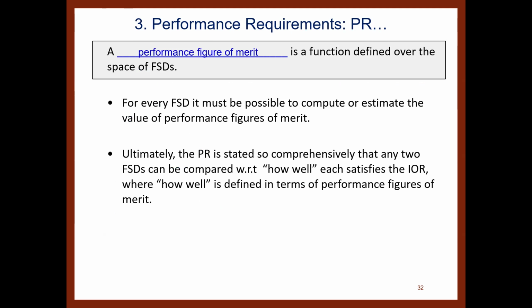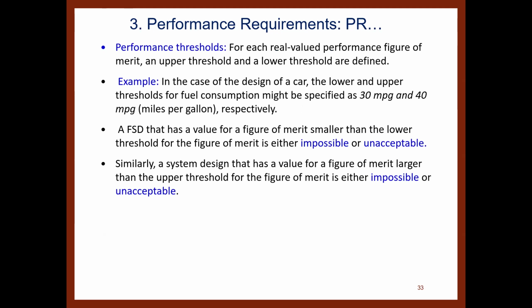Ultimately, the performance requirement is stated so comprehensively that any two functional system designs can be compared with respect to how well each satisfies the input-output requirements, where how well is defined in terms of performance figures of merit. And then we also have performance thresholds for each real-valued performance figure of merit. An upper threshold and a lower threshold are defined.